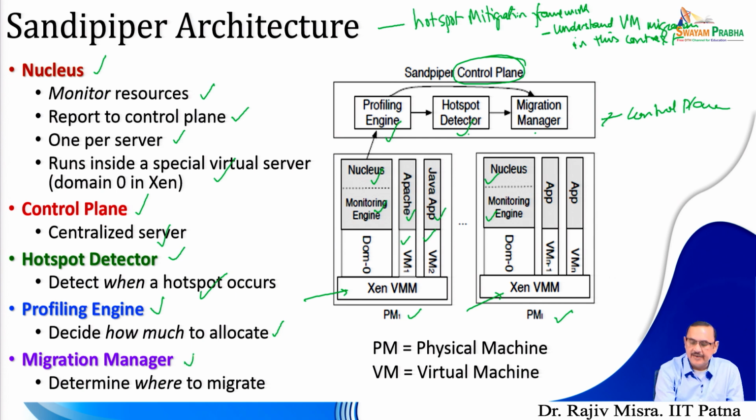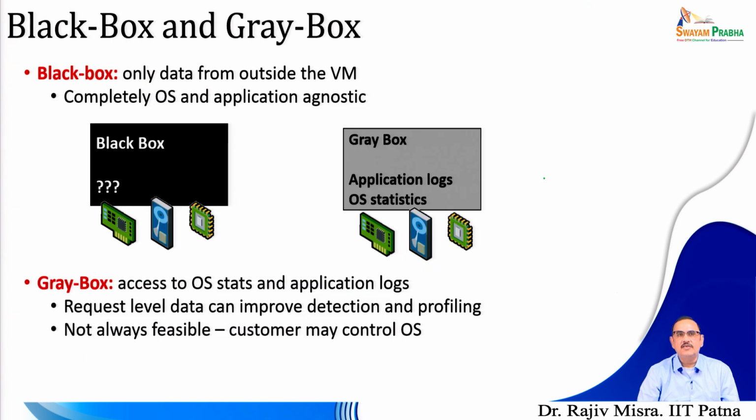The third one is the migration manager, and the migration manager determines where to migrate. So, once the hotspot is detected, the migration manager has to look at the other physical machines which have the availability to accept the migration of a virtual machine.